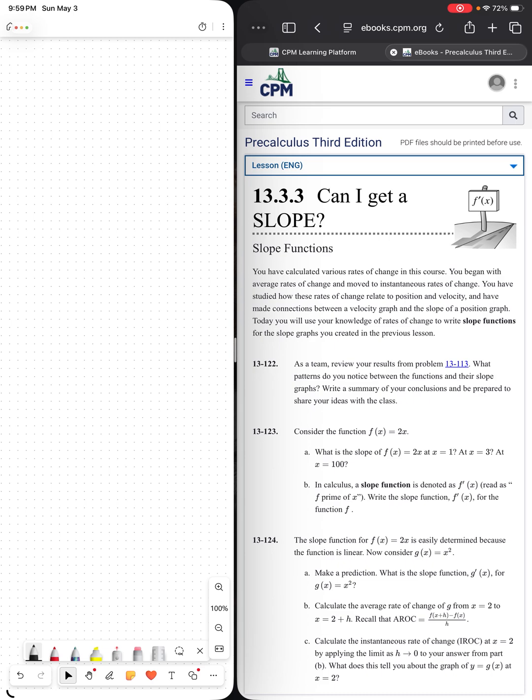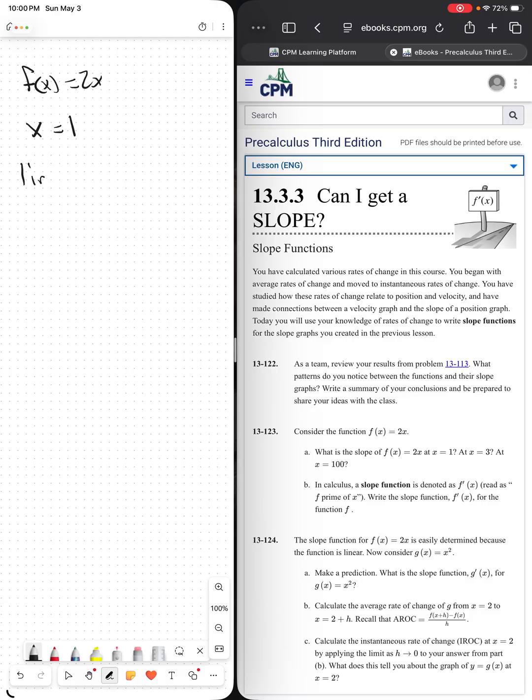Let's just move straight into 123 here. We consider the function f of x equals 2x. What is the slope for 2x at x equals 1? Here's the deal: how do we create that instantaneous rate?